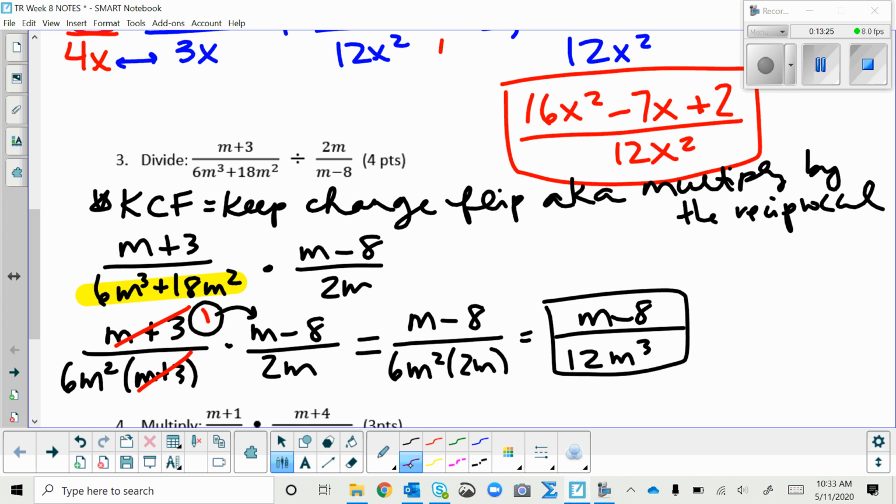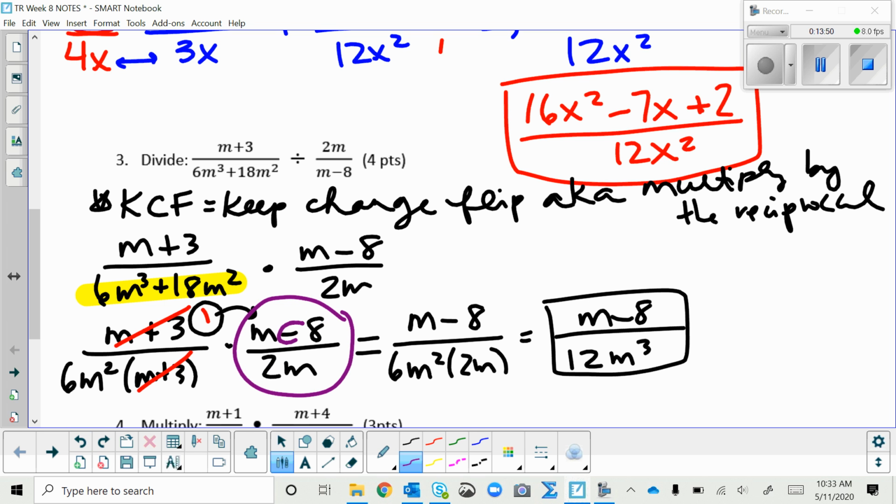One heads up, a common mistake that I don't want you to make is right here. A lot of times I'll have students try and cancel stuff here. They say, oh, look, there's an m on top and bottom, and they'll cancel it out. Or they'll say, oh, there's an 8 and a 2. That simplifies to 4. But here's why you can't do that.